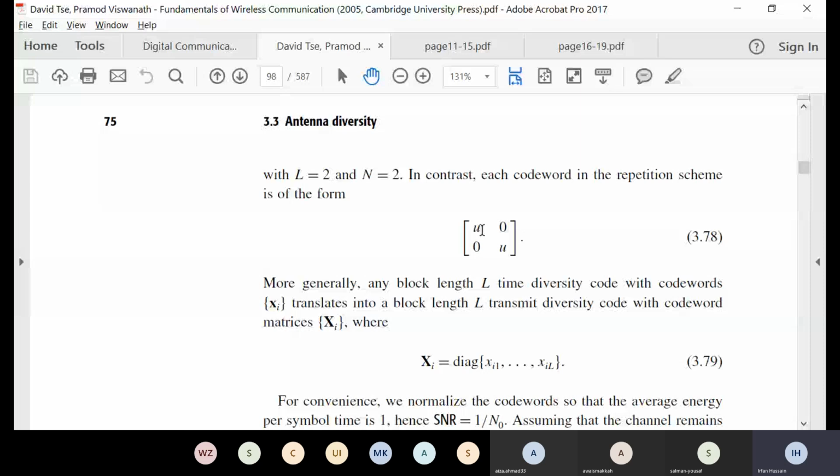Then if you want to repeat it on the second antenna, it will be sent here. It will depend on the length of the code that you choose. If it is 2, then it will be 2. But if it's 3 or 4, you have to send it for whatever length you have chosen: 4 times, or 5 times, or 6 times repeated. For example, in rotational codes, you are repeating 2 times.